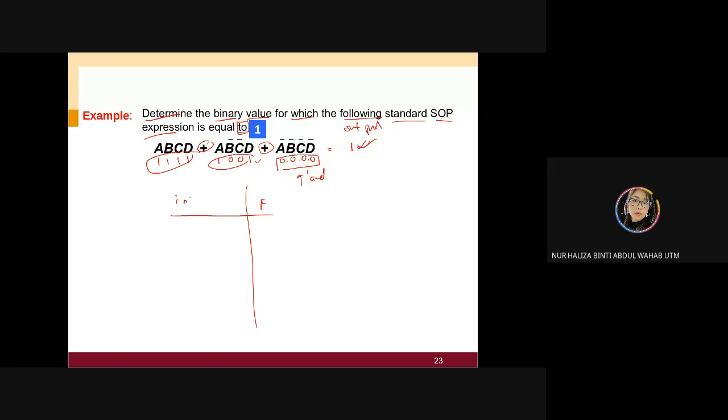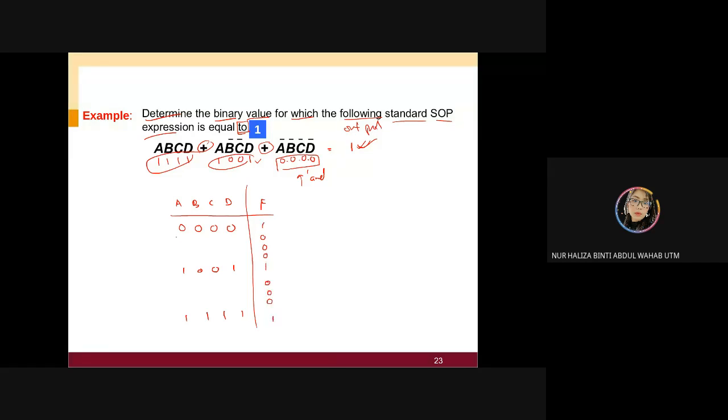Your input will be A, B, C, D. So to speed up, we're going to have over here 1, 1, 1, 1. This one is 0, 0, 0, 0. And another one is 1, 0, 0, 1. The rest will be 0, 0, 0, 0, 0, 0.